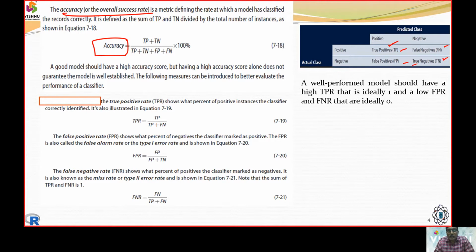Then in that, which is telling true? True positive and true negative. Identifying tomato as tomato, identifying potato as potato. So actual meeting the prediction, prediction meeting the actuals.